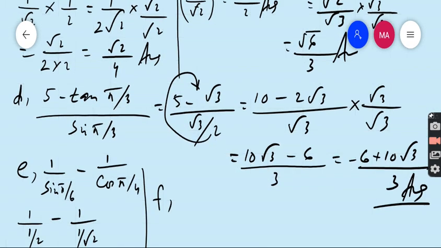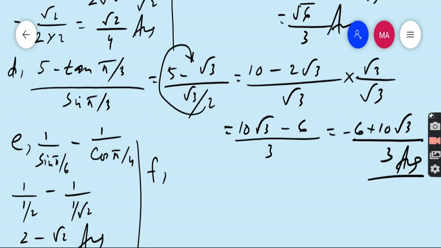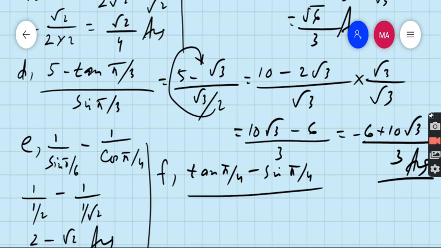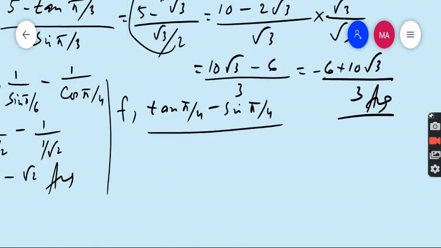Tan pi by 4 minus sine pi by 4 upon tan pi by 6 multiplied by sine pi by 6. Tan pi by 4 is tan 45, which is 1.